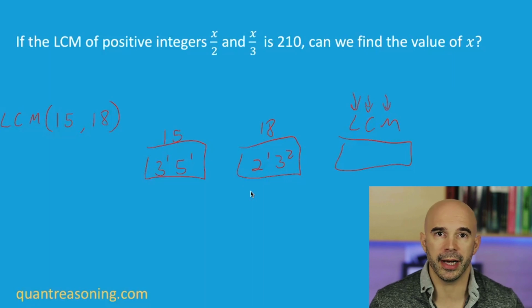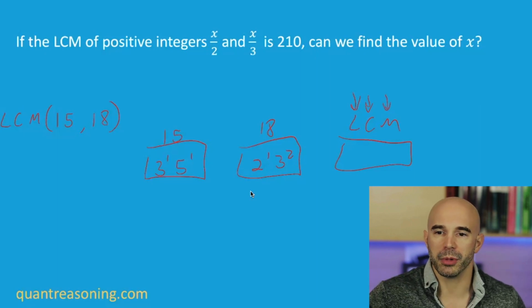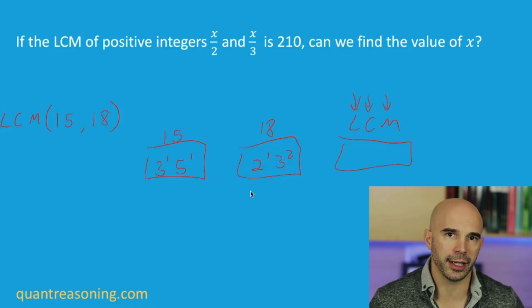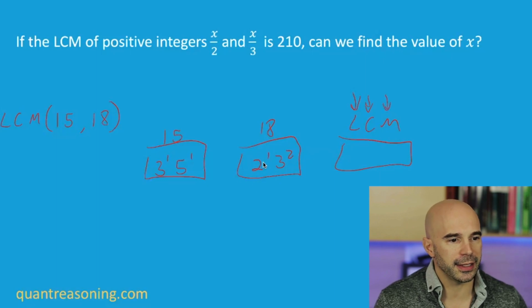And why am I asking about 2's? I like to go in order. 2 is the smallest prime number, and after that I look at 3's, 5's, 7's, 11's, 13's, and so on. I like to be organized. So is it absolutely necessary to have any 2's? And the answer is yes, because without any 2's, I won't be a multiple of 18.